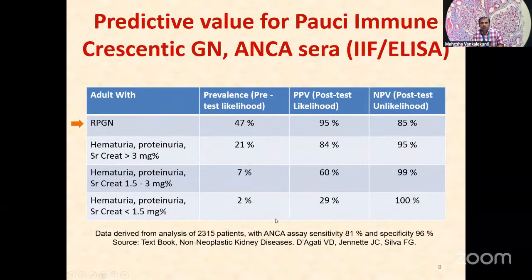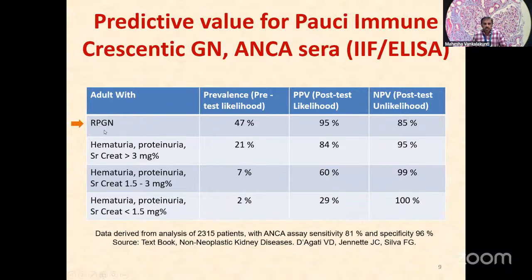So the predictive value for a pauci-immune crescentic GN, after having this result of the ANCA serology, this table shows various combinations of the clinical presentation and the positive predictive value of it being a crescentic GN in the renal histology.